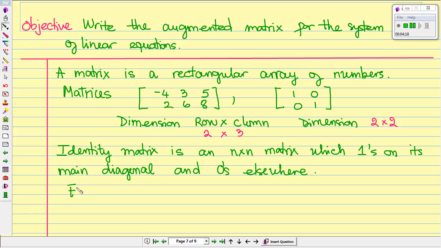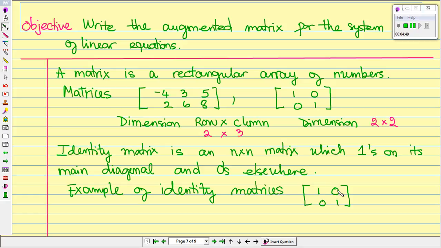So let's write out the example. I'm going to go ahead and give you 2 examples of identity matrices. So we'll do 1, 0, 0, 1.